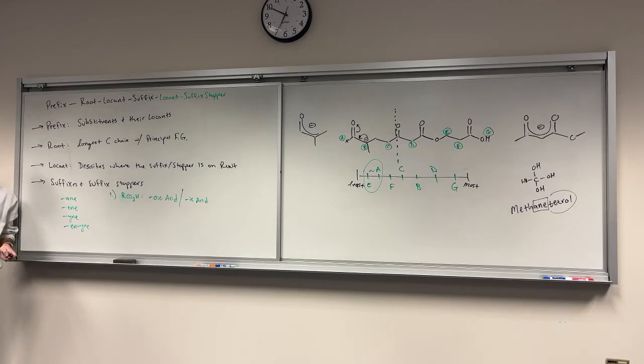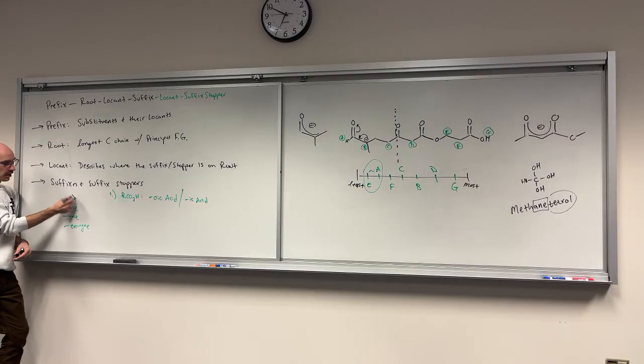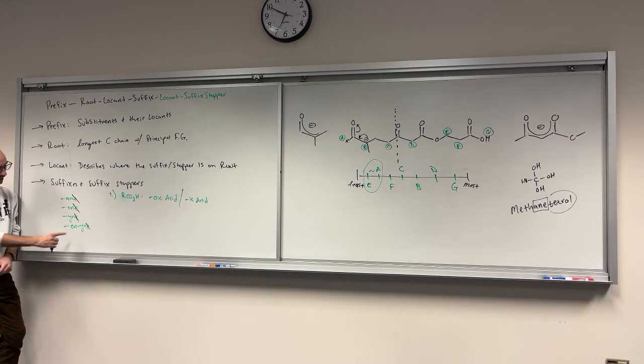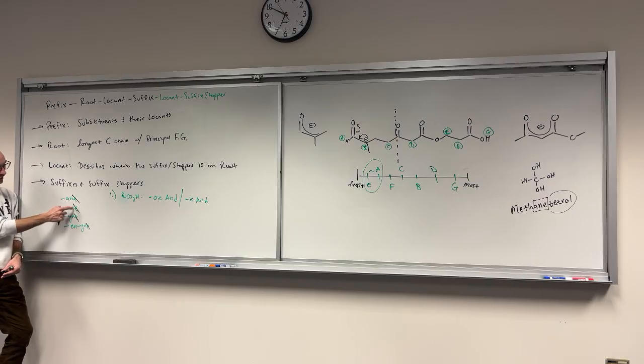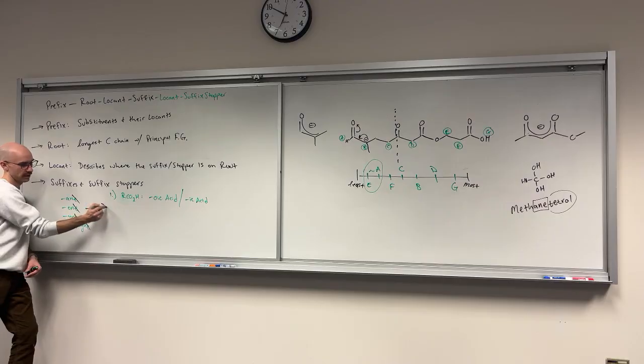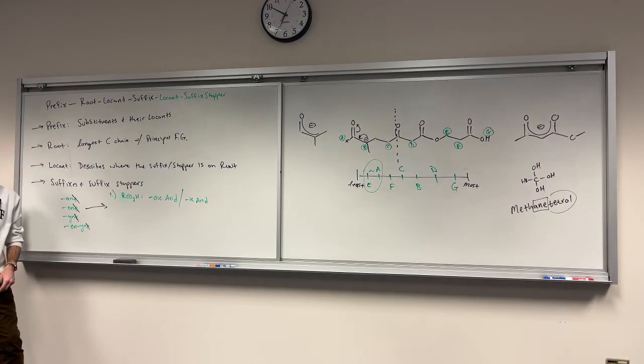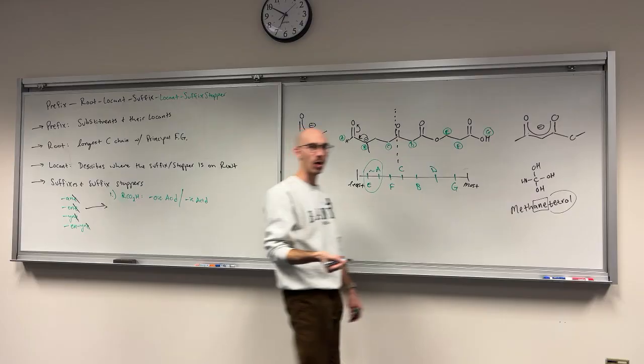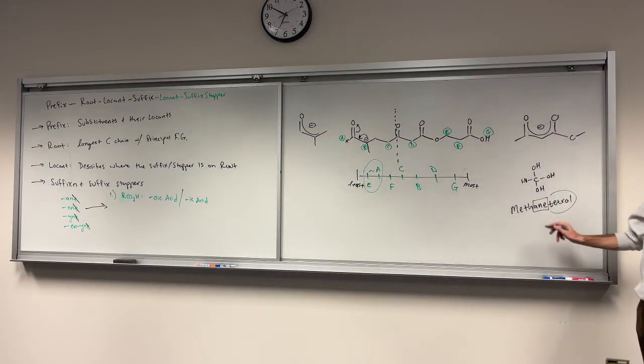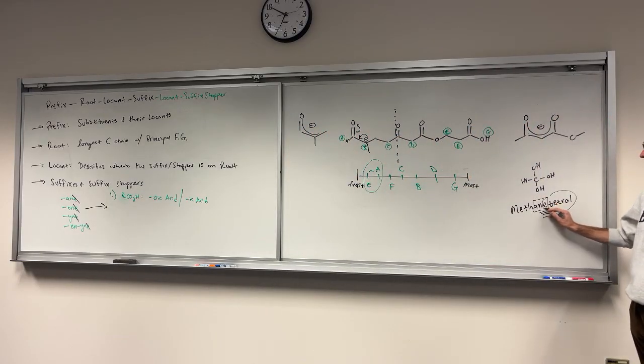This is why I call it a suffix stopper. You're going to have ane oic acid, ene oic acid, or yne oic acid. But it is important to realize that if you have a stopper, you cut out that last e. Do you notice how down here, ene was stoppered by yne, and the e of ene got cut out to make space for yne. So when you add a stopper, you take off that e, unless you add a multiplier like di, tri, or tetra, and then that e comes back in.